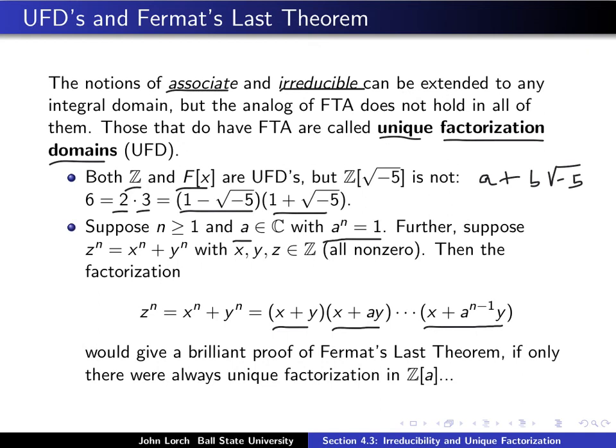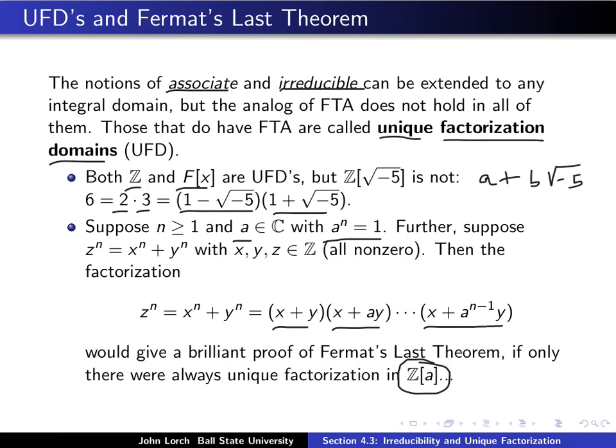if you always knew that you had unique factorization in this ring Z adjoin a, where a is the nth root of unity that we talked about a little bit earlier. But it turns out that you don't always have unique factorization in this ring, and so this beautiful idea that we might have for proving Fermat's last theorem goes out the window.